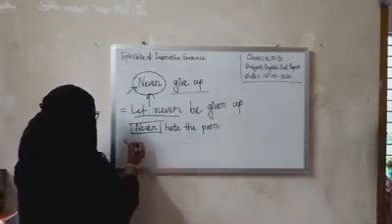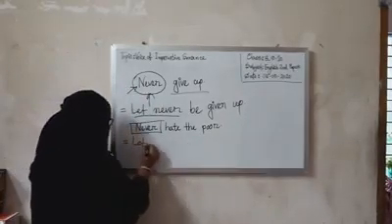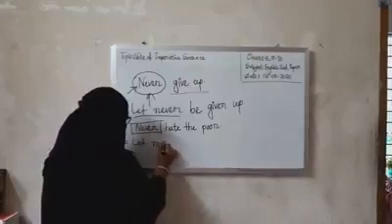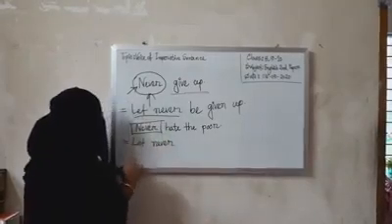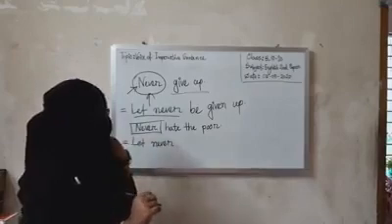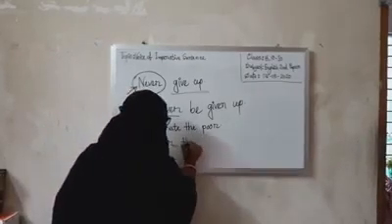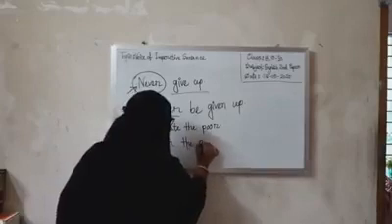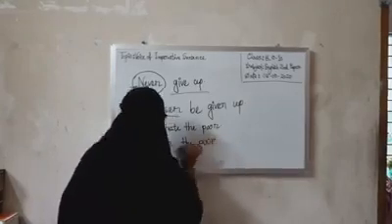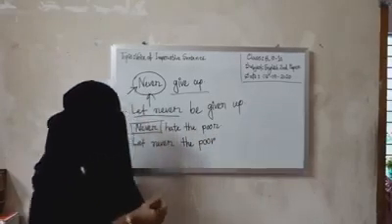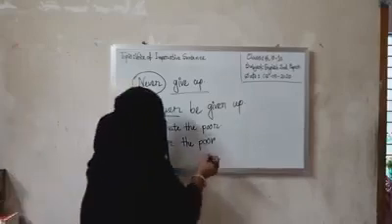Firstly, we have to use let, never. Then we have to use the object of the sentence, the poor. Let, never, the poor. Then we have to use what?